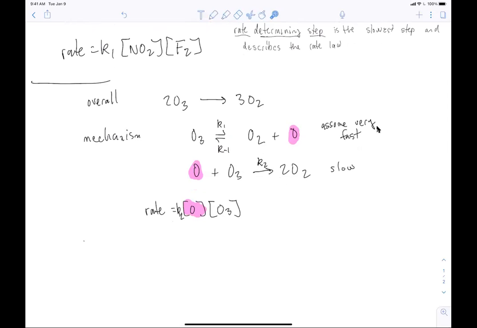So if we know that this forward rate and this reverse rate are the same, then we can say that K1 times O3, the rate for the forward reaction, we can set equal to the rate for the reverse reaction. So we're saying that these two are equal to one another.